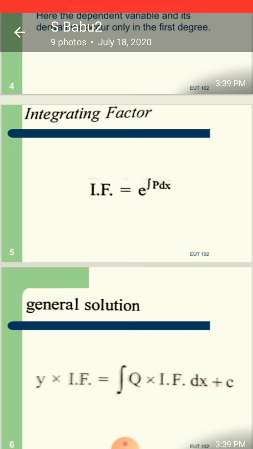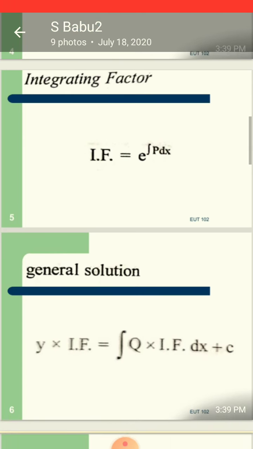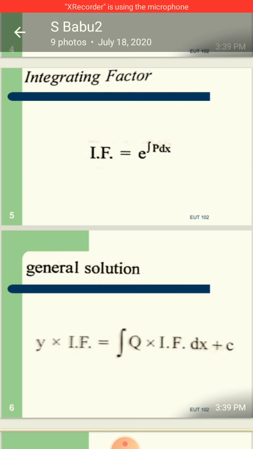This is the main formula for finding the integrating factor. Only if we can find the integrating factor can we find the solution of a linear differential equation. Without finding the integrating factor, we cannot find the solution of a linear differential equation.